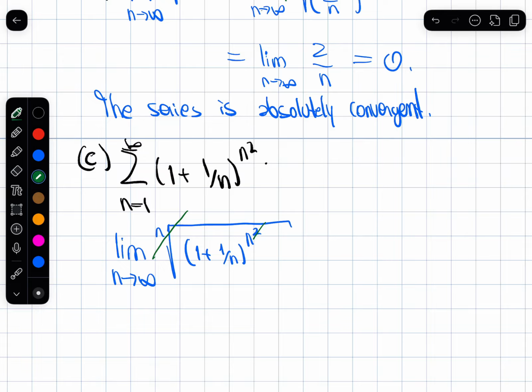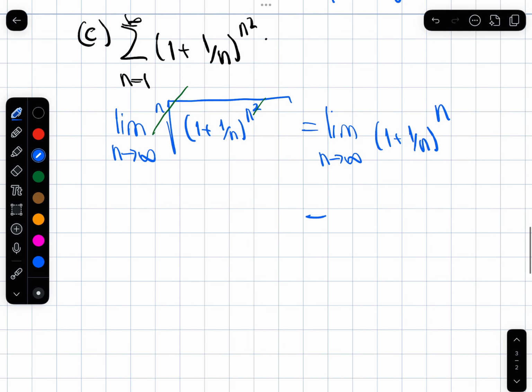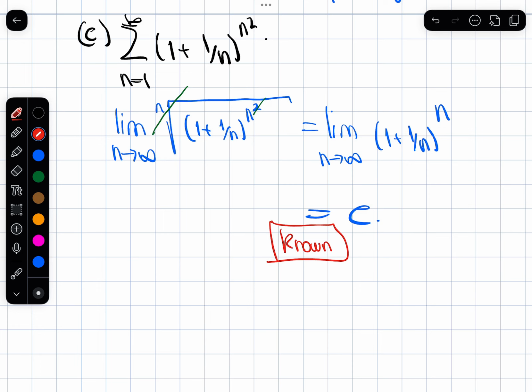But not both n's go away. Only one of the n's goes away here, and you end up with this limit. And that is, again, a known limit. That equals e. This is known. And e is greater than 1. So that means the series diverges.